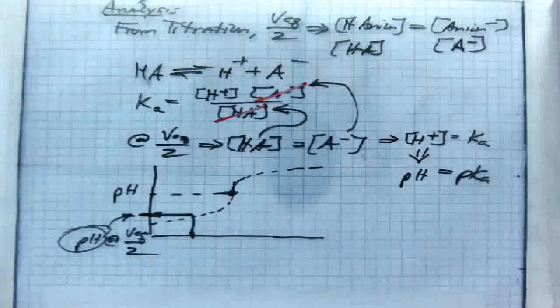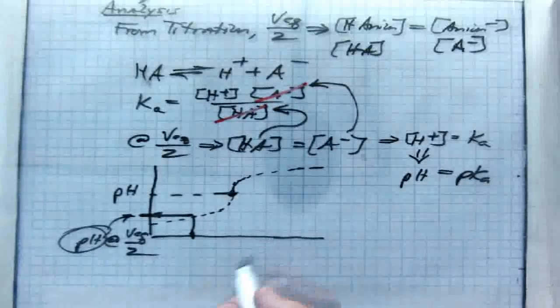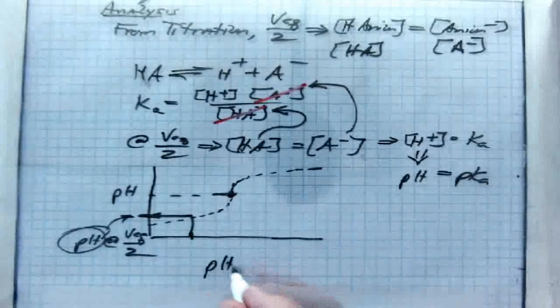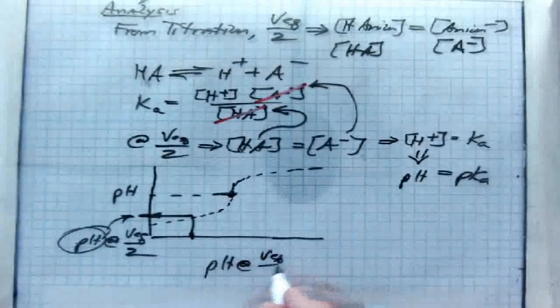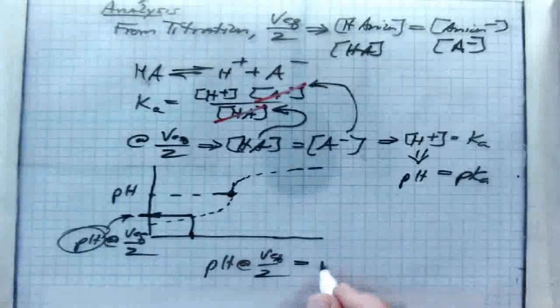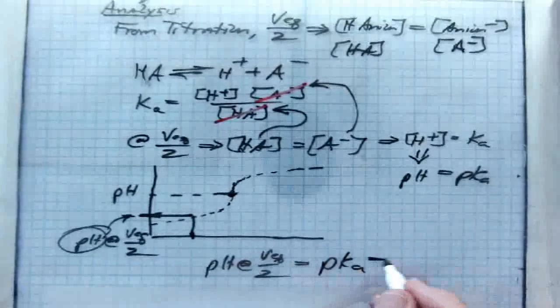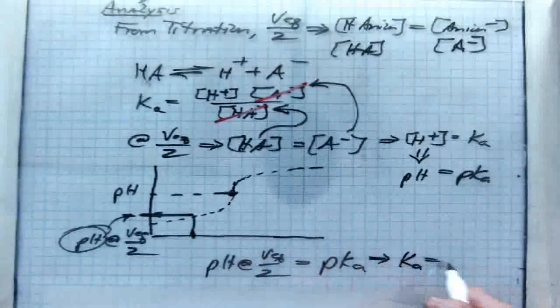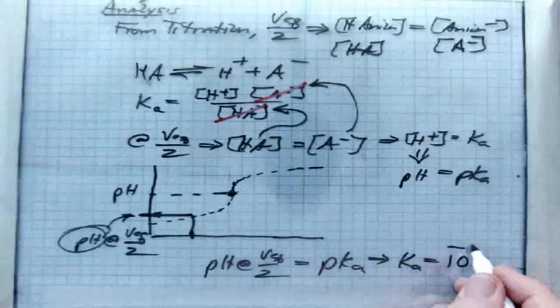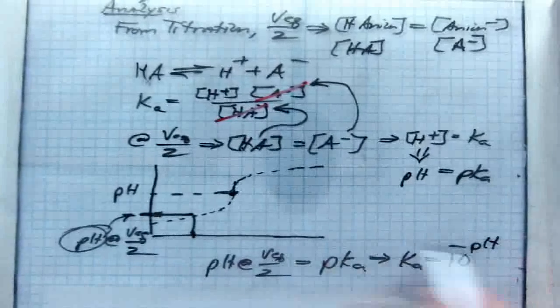You already have the solutions on the cart. I think they're given, I think, propionic acid, I believe, is the weak acid they're using.